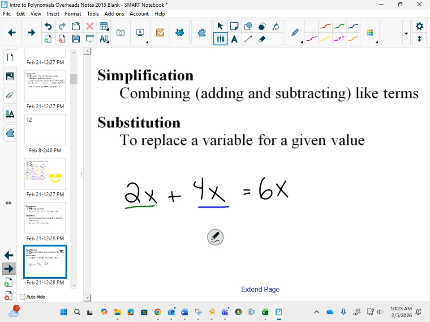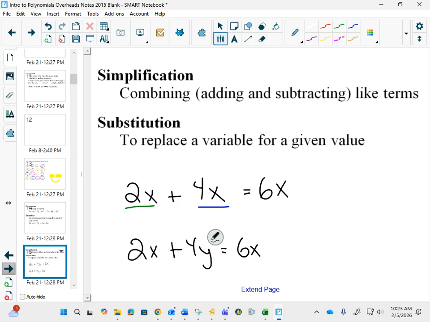Right? But 2 desks plus 4 pens doesn't give me 6 desks. But that's a common mistake happening in math. It's so easy once I use regular words. If you wrote that 2 desks plus 4 pencils equals 6 desks, that makes no sense whatsoever. But sometimes we'll have students go, 2x plus 4y equals 6x.